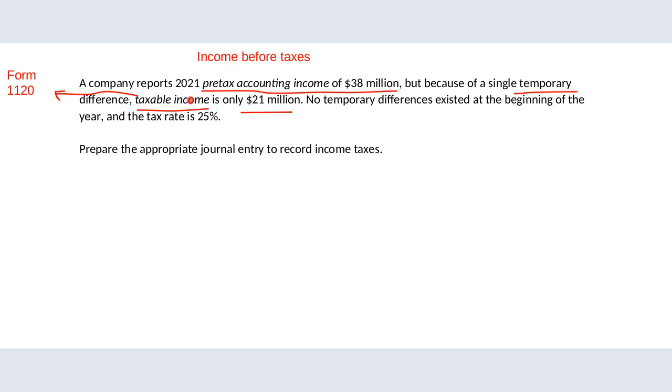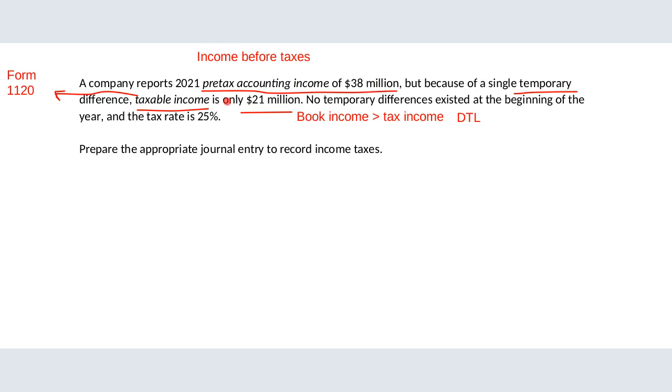In this case, let me write a note here. If our book income is greater than our tax income, this looks like a deferred tax liability. Meaning we benefited, we paid less taxes. If there was no difference, we would have paid taxes on 38 million.